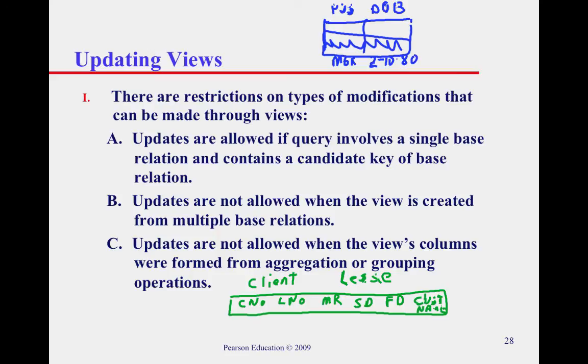And then the final thing is that we don't allow an update if the view's columns were formed from aggregation or grouping operations. So for example, let's say that I'm looking at my grades for CS 465, and my department head just told me, gosh, Brad, you are Santa Claus.